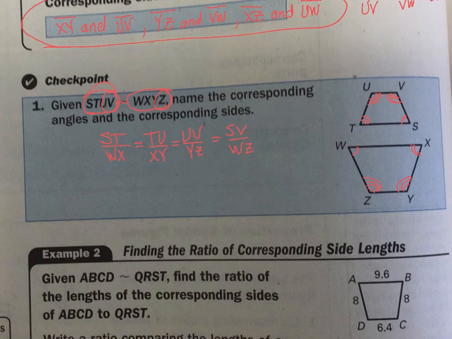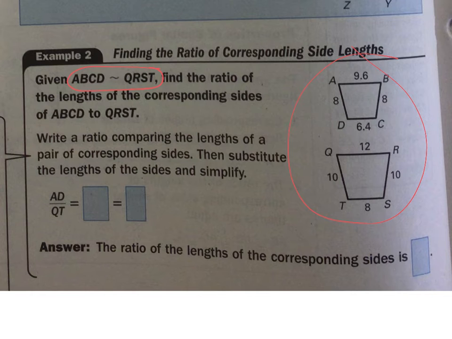WZ. It says find the ratio of the lengths of corresponding sides of quadrilateral ABCD to quadrilateral QRST. Let's review this. When it says quadrilateral ABCD to quadrilateral QRST, they are a ratio.